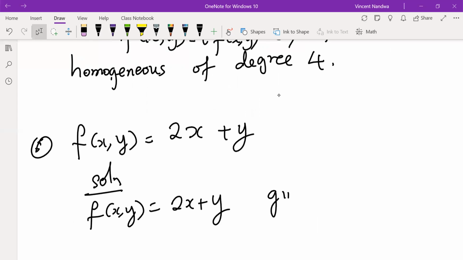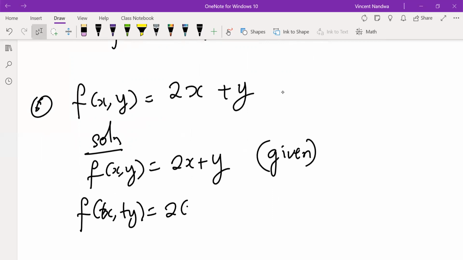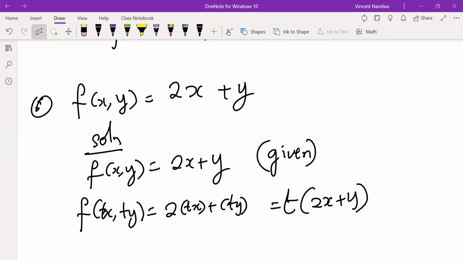This is what is given. F of tx, ty will be 2 times tx plus ty, which is t into 2x plus y.